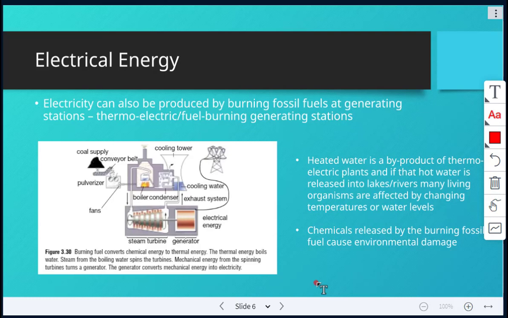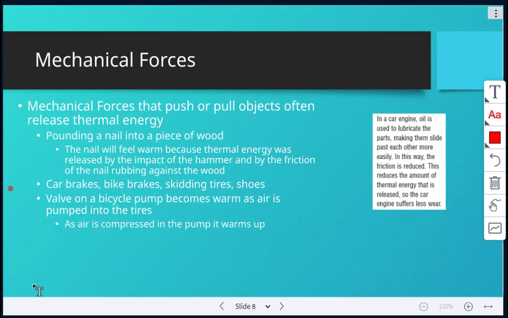So there are regulations in place where they do have to cool that water before they're able to release it into lakes and rivers. Also, chemicals are released by burning fossil fuels. When we were burning the coal, it does release gases, which do cause environmental damage, global warming, climate change, and so on.